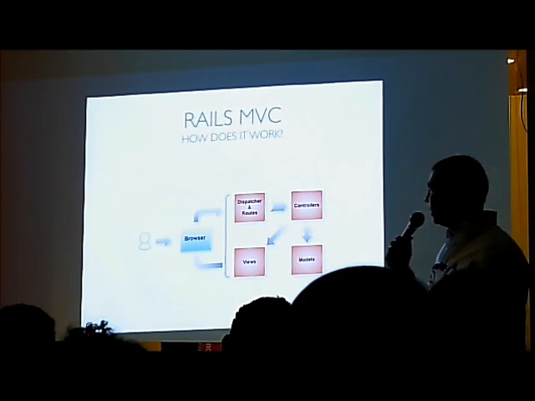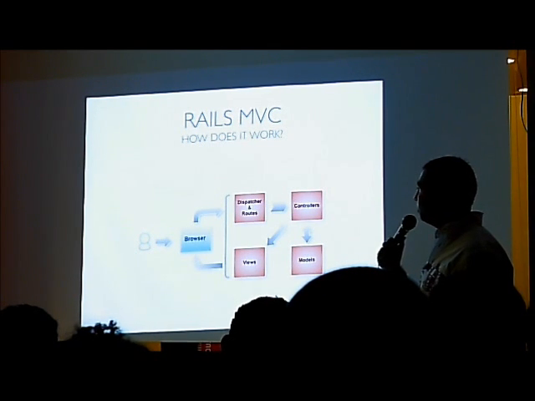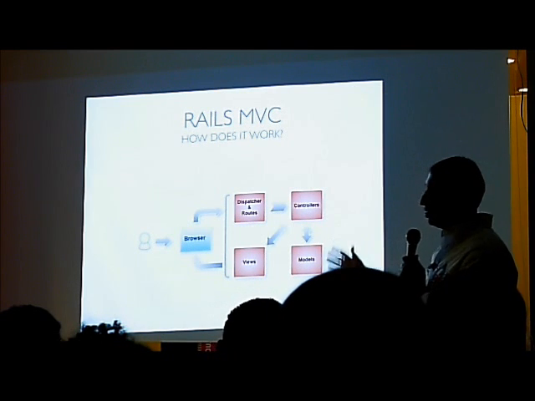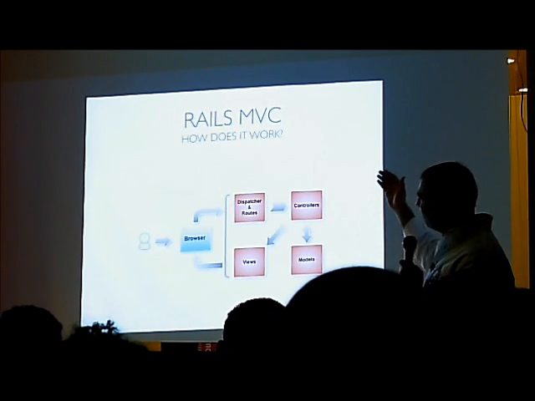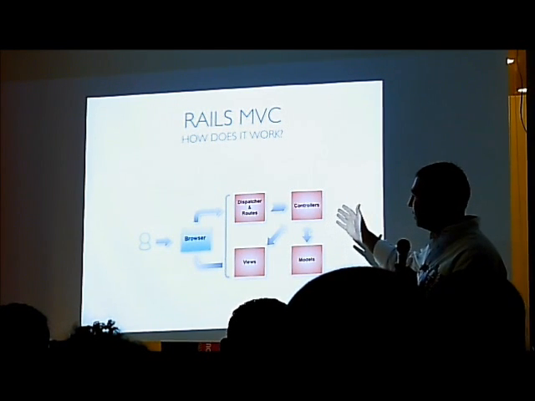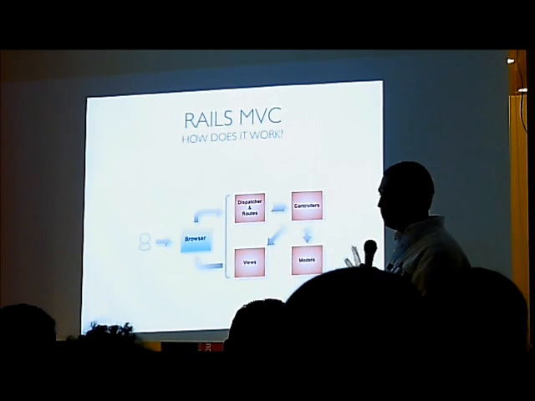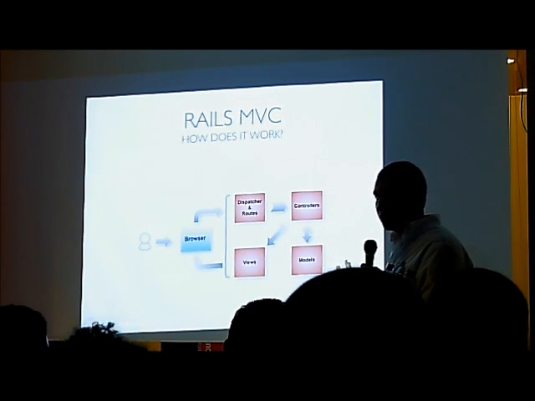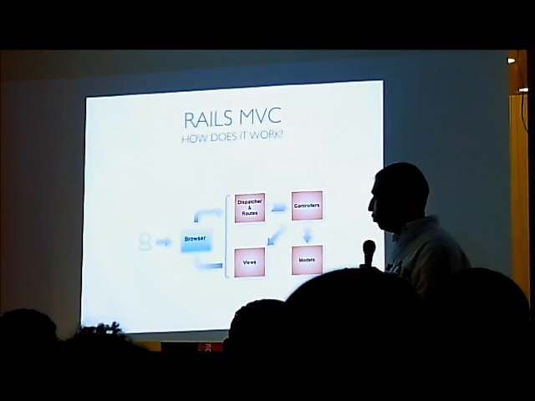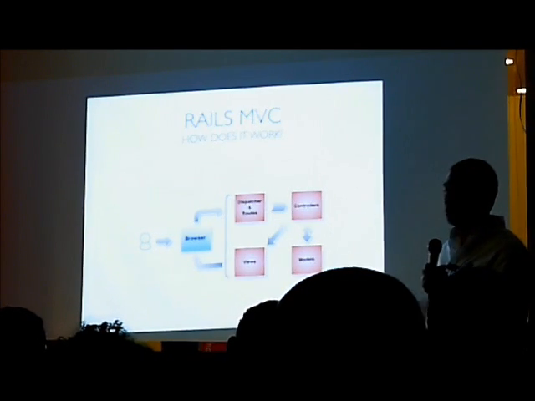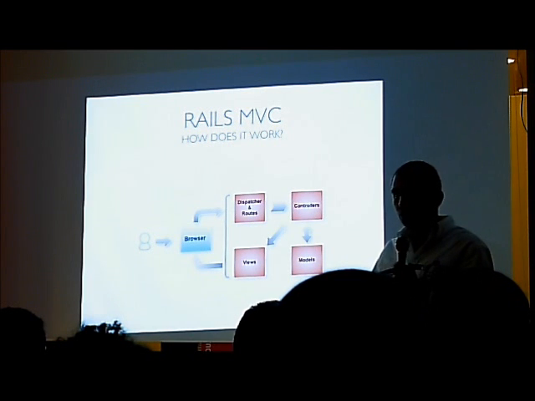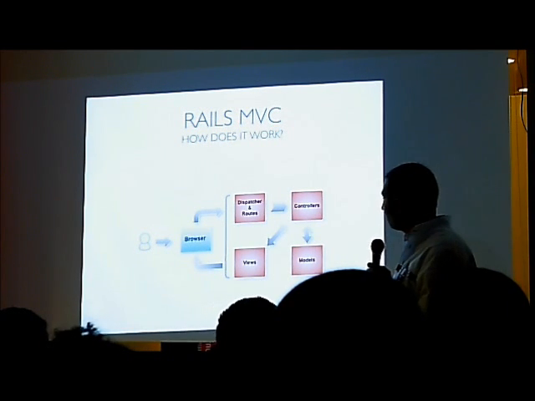Okay, so again, how does Rails work? A user comes to the browser. There's the dispatcher and routes that accepts. This red section is basically where Rails works. The dispatcher and routes is the first interaction of the user with the application.